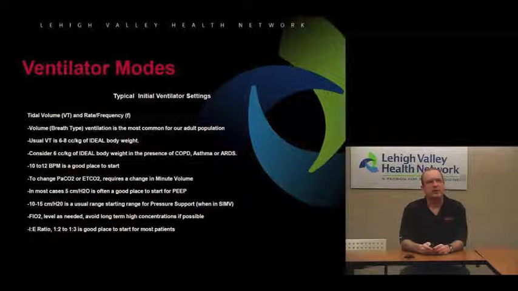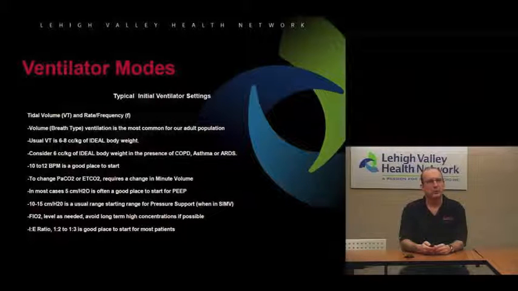Usually, like we mentioned, we're going to use a volume breath type for our adult population, and the usual tidal volume is 6 to 8 cc's per kilogram of ideal body weight. That doesn't mean the patient weighs 300 pounds and they're 5'5", that we base our ventilator settings on that. We start on 6 to 8 cc's based on their height, which we can plug into the machine, and it will give us our ideal body weight.